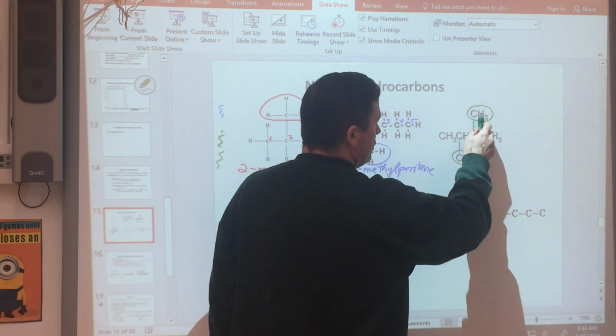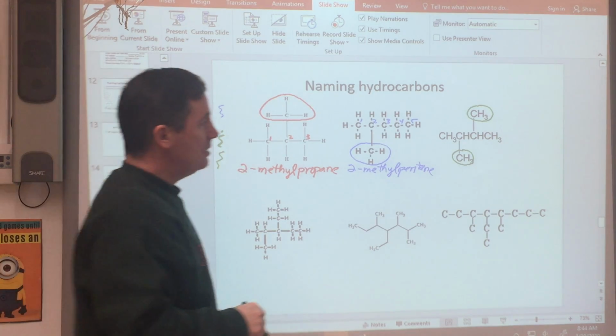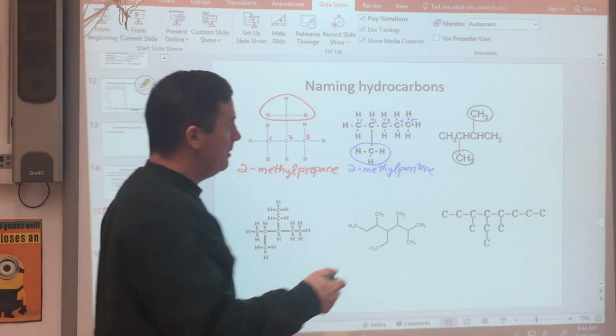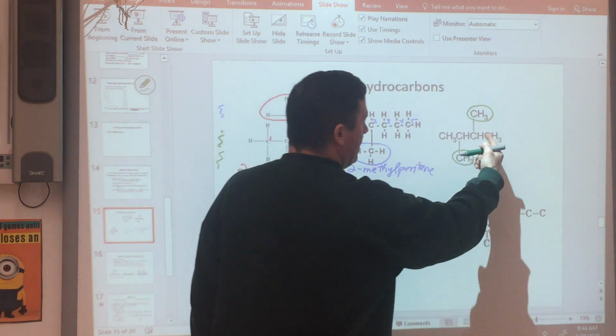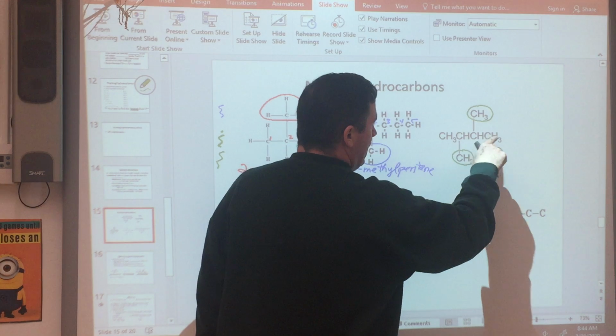So, what are these groups? CH3s, again, are methyl groups. In this case, it's a little bit different because I have 2 of the same. So it doesn't matter if I go 1, 2, 3, 4 or 1, 2, 3, 4.